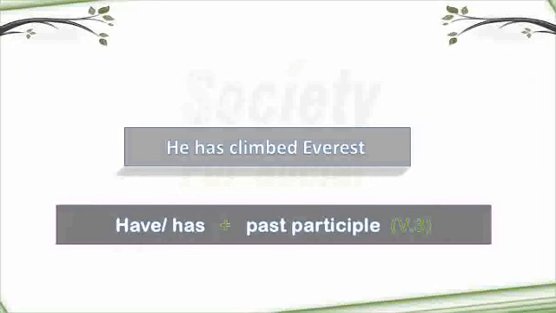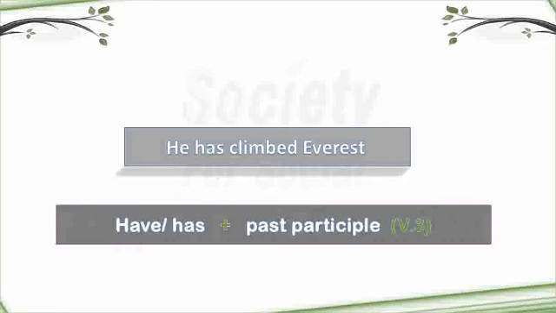So let's move to see how we form the present perfect tense. He has climbed Everest. We use verb have or has all the time. So verb have is made up of 2 forms, have and has. This is the present perfect form of the verb have, plus past participle verb 3.